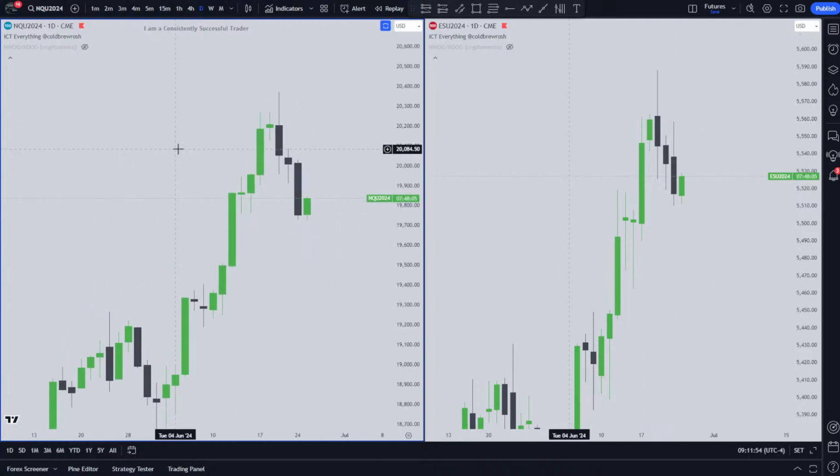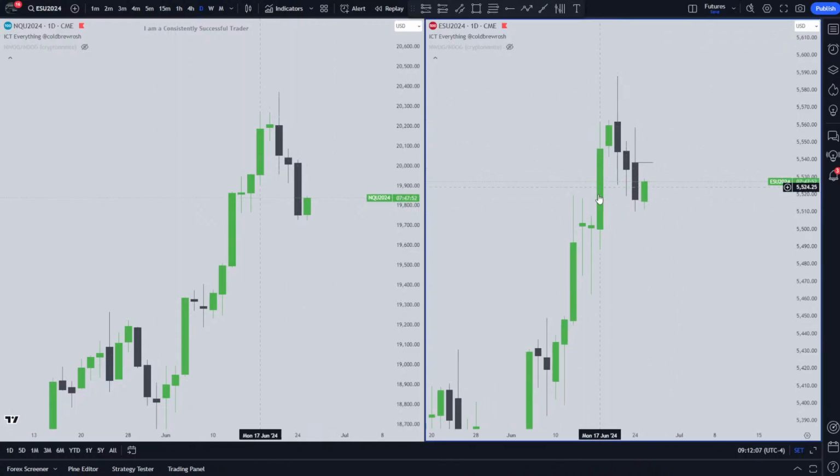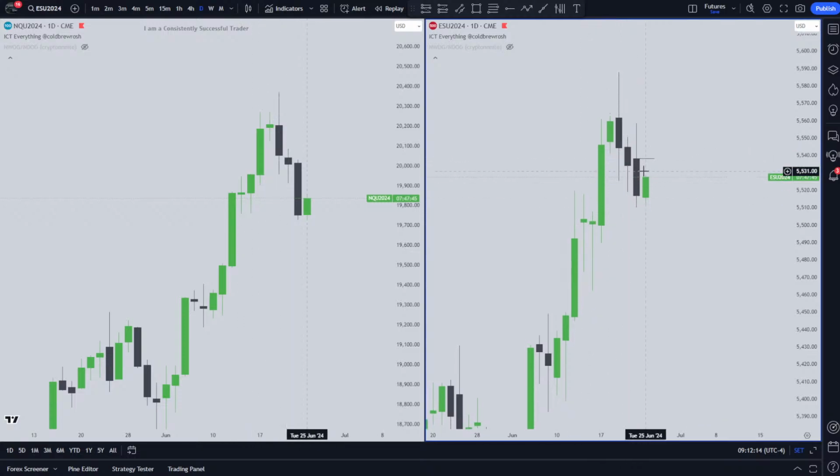Okay. So we open the week here. We traded lower initially. We filled most of this gap in, not completely yet though.